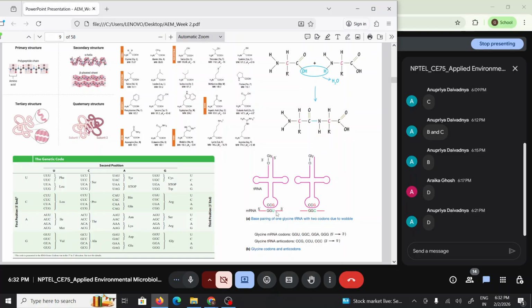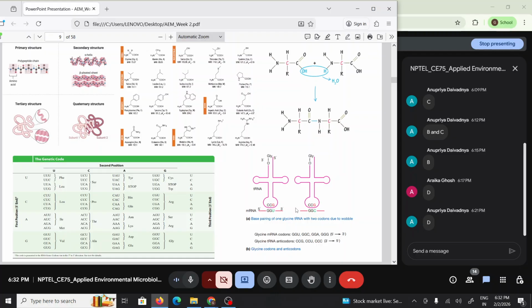The tRNA will have the anticodon in it, and it will also carry the amino acid with it. Whenever the codon in the mRNA and this anticodon are complementary, they bond and the amino acid is added to the protein chain. That is how the translation process works.